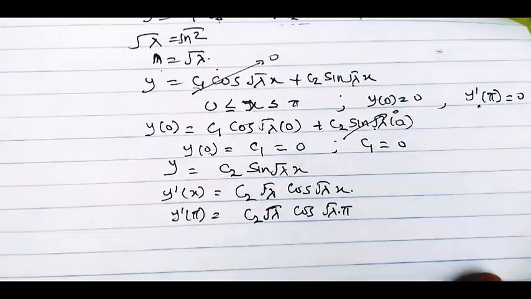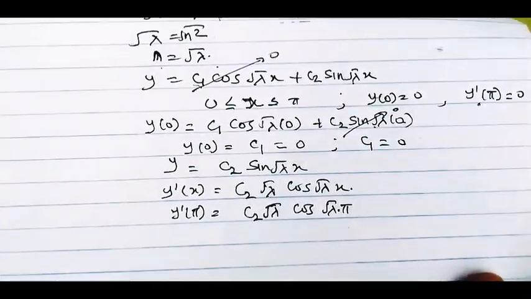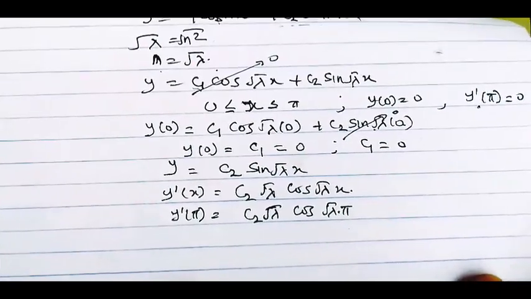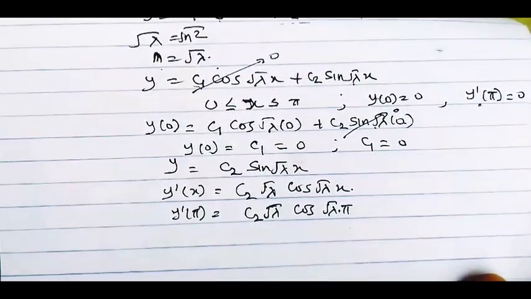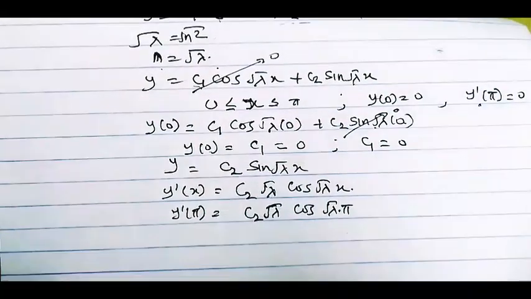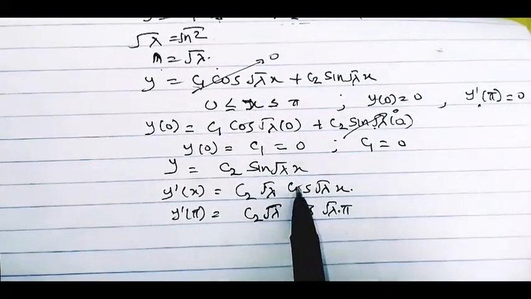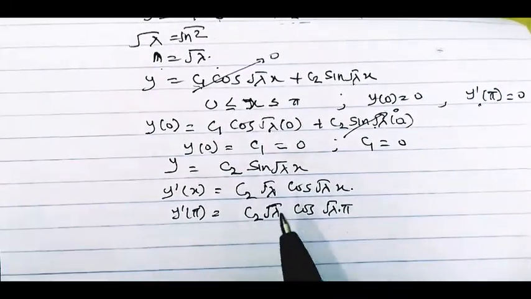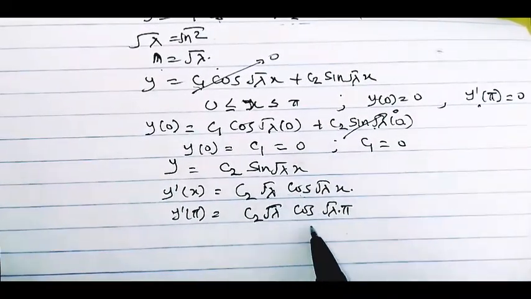root lambda cos root lambda pi, right? Now, since we've tried two different cases and they gave us trivial solutions, we expect this to give us our eigenvalues. So we cannot expect c2 to be equal to 0 again. We should expect the second term here to be equal to 0.